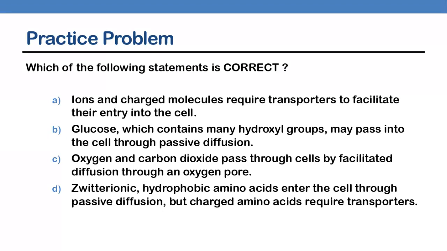Oxygen and carbon dioxide pass through facilitated diffusion through an oxygen pore. So there's no such thing as an oxygen pore. There's like water pores. And then zwitterionic hydrophobic amino acids, if there is any sort of charge, again, that's not going to passively go through the membrane. And then charged amino acids do require transporters, but even amino acids are going to have some charge to them.